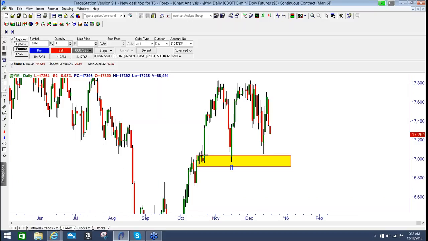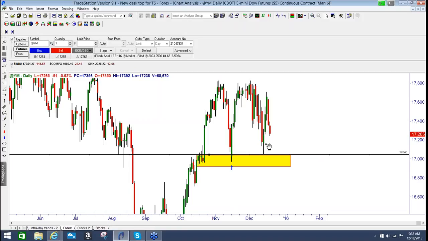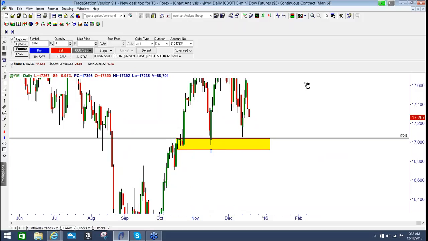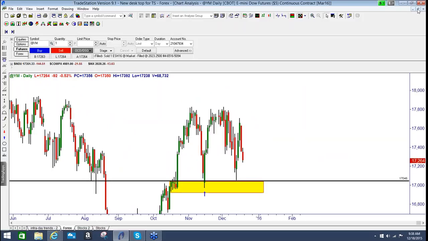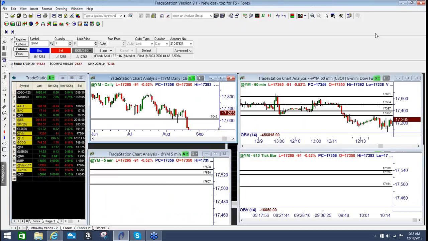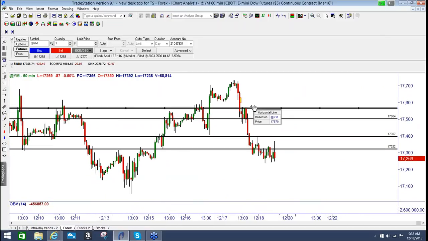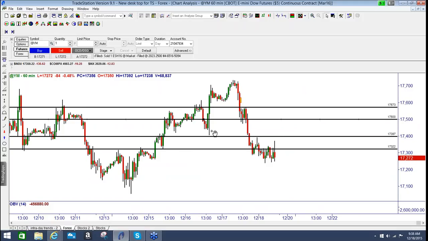Look at that. Interesting. Still, I'm going to take this all as one and being tested, so I don't expect that to hold. All right, so now I'm going to go to... I like this guy right here, if price can make its way there.